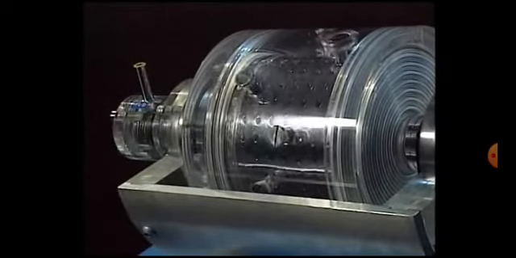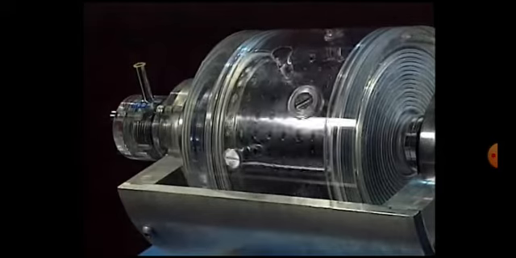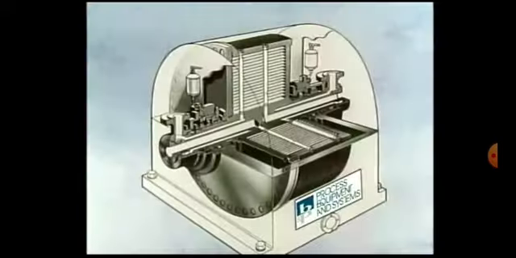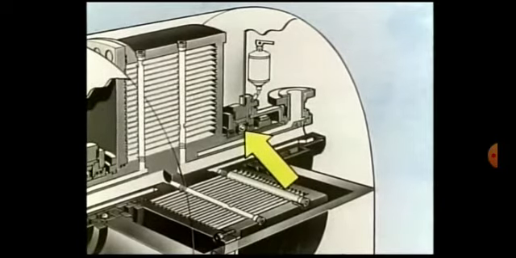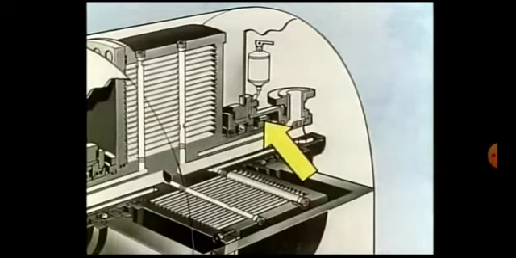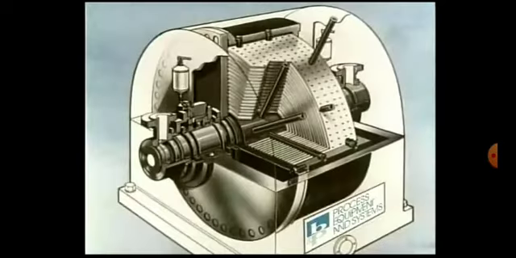A very interesting design, and basically the design makes it possible to separate heavy liquid phase from light liquid phase. So this is the lead portion. This is the diagram which is shown in the book of Whitaker. This is the shaft. This is how it looks like. The arrangement is like this.